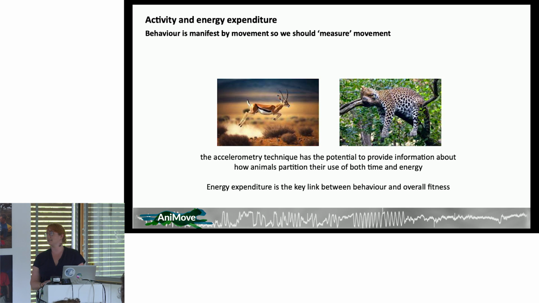And that is the total sum of that noise that we saw in the previous slide. If that total sum is high, then it's a really energetic behavior, like this jumping gazelle. If it's really low, then it's still behavior. It's just that the animal might be at rest. So the accelerometer can tell you a lot about the explosiveness of that behavior that you could then add to your GPS tracks.